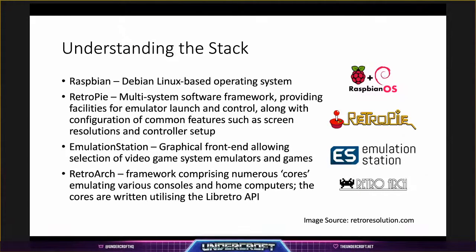The cores are written as part of this thing called the libretro API. So we have a main piece of software that handles game emulation, and then each individual libretro core is specific to each console about how to process that data, right? What makes it specific and different.